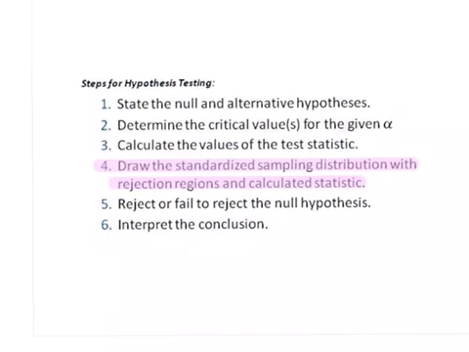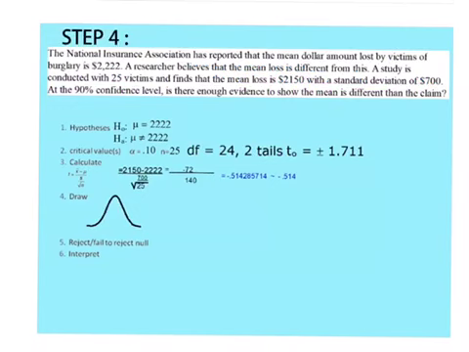And now, step 4, drawing the critical value from our chart and our calculated value from our formula. Here's the recap of what we've done so far. We start off with the critical values of positive and negative 1.711.